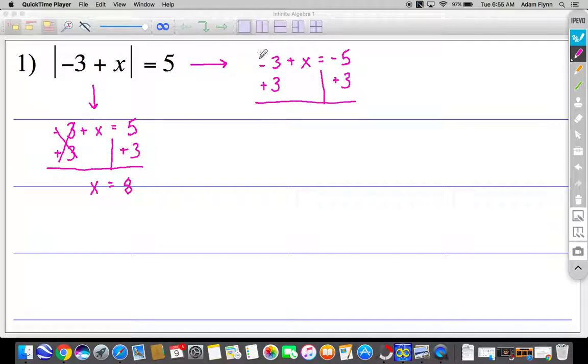Be very thorough with your work. -3 plus 3 cancels. So we are left with x equals -5 plus 3, which is -2. So our solutions for x would be 8 and -2.